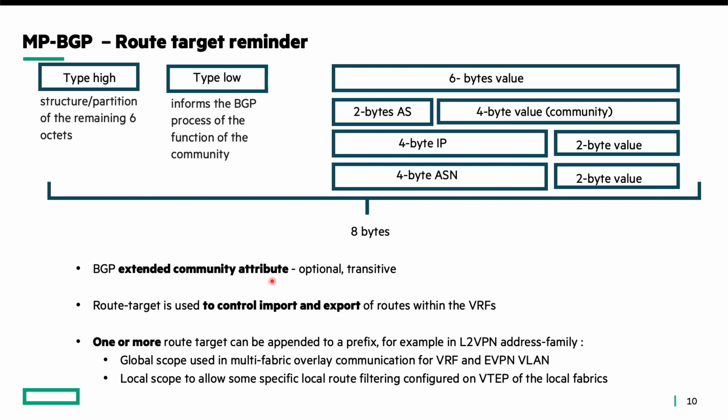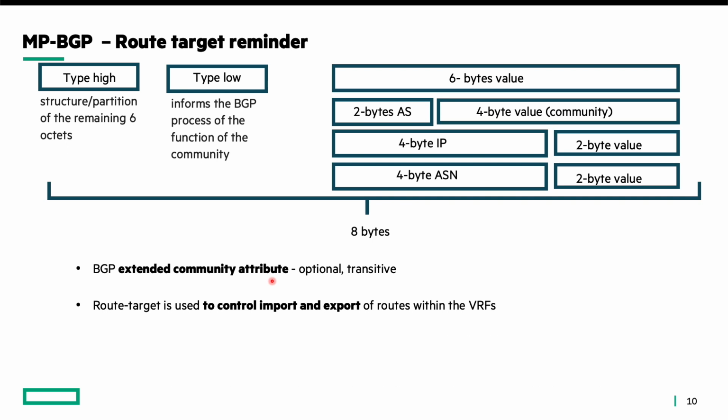On the other fabrics, the VTEP will be able to recognize that it needs to import this prefix into the VRF routing table. And in reverse, we can also use a local scope to avoid these routes being propagated or installed later on other VTEPs in other fabrics. It's really a way to control how these routes are installed in the different devices.